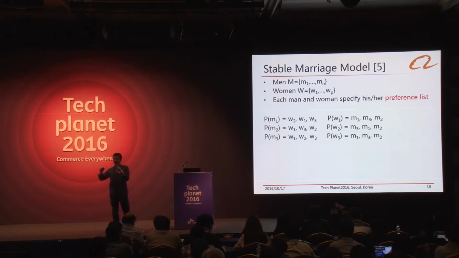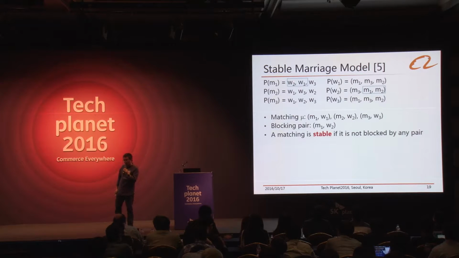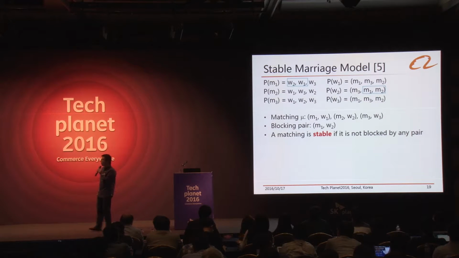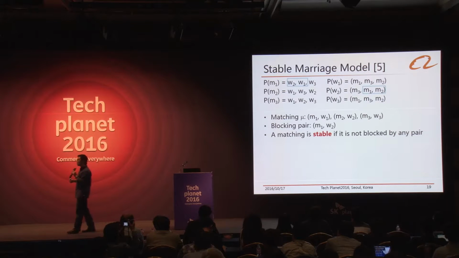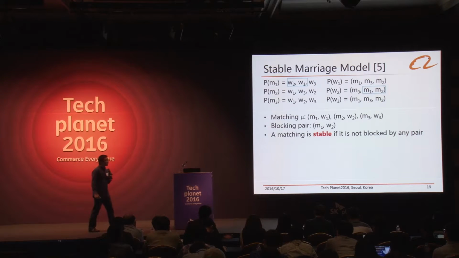For instance, if we look at M1, the first man, he likes woman W2 most, then W1 second, and W3 is probably his last choice. Okay? So given these preferences from men and women, the question is, what would be a good matching between men and women? How are we going to form the couples based on their preferences?